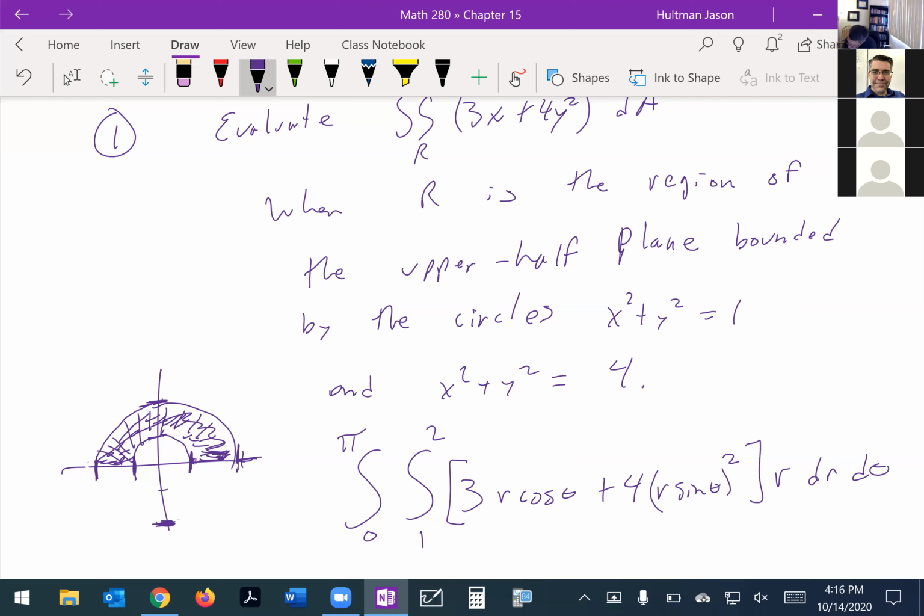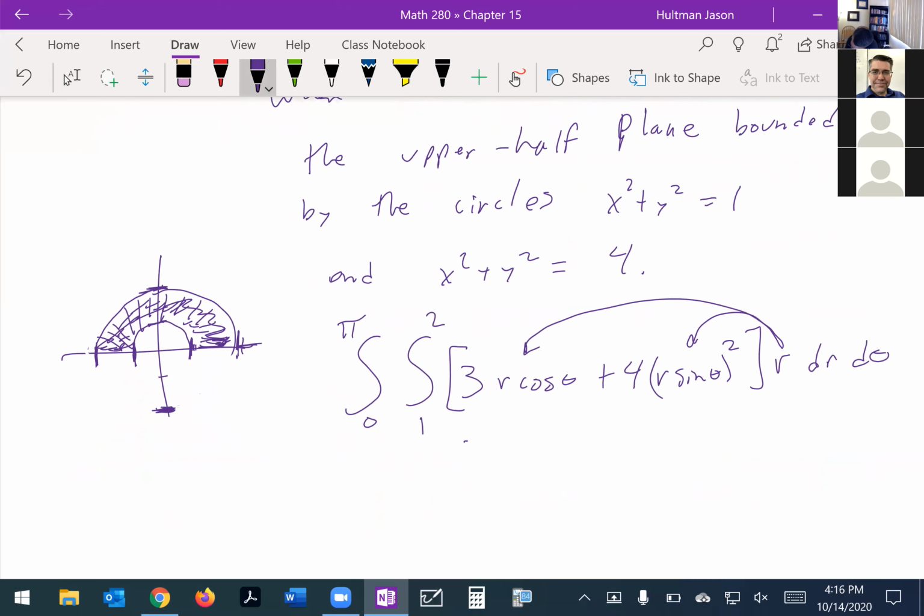So I'm going to simplify this. I'm going to multiply this out and then distribute the r. So this thing becomes 3r squared cosine theta plus 4 r squared sine squared, so this is actually r to the third sine squared theta dr d theta.